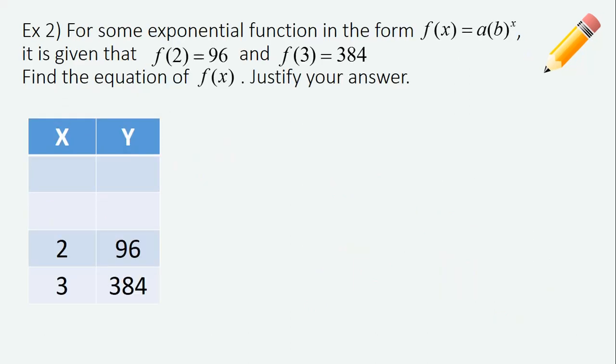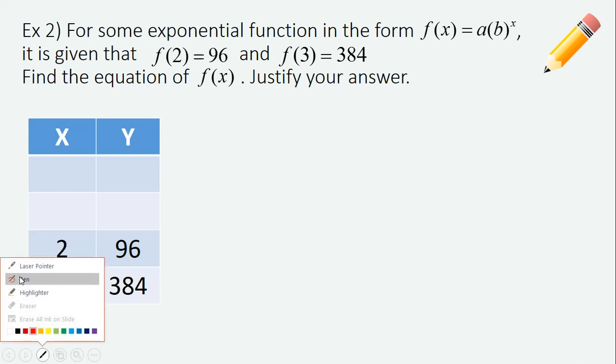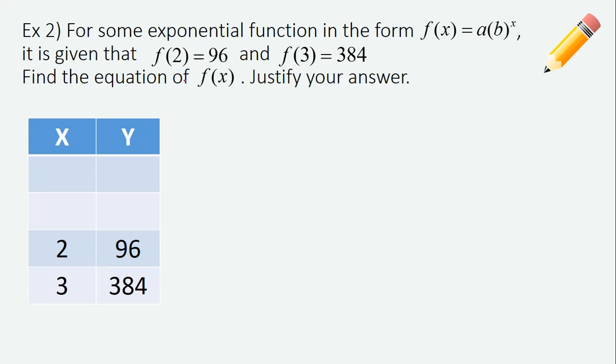So we have some exponential function in the form of f of x equals a times b to the x. And it's given that f of 2 is 96 and f of 3 is 384. So first thing I noticed, these are just ordered pairs. They might not look like it, but they're just in function notation. So this is technically the ordered pair (2, 96) right there, and then (3, 384).